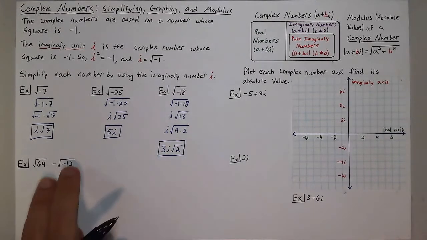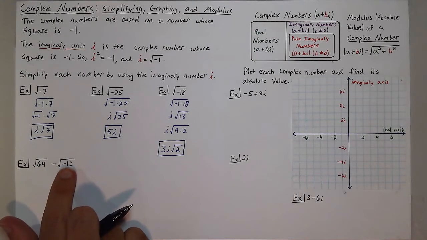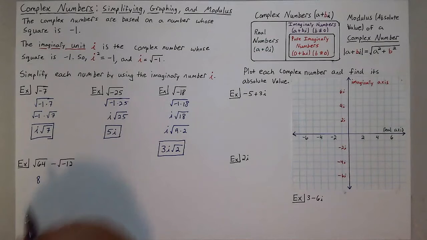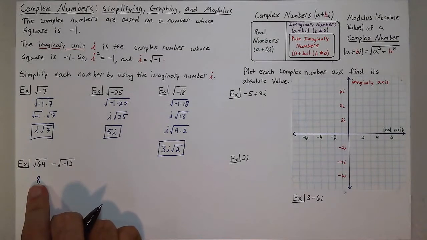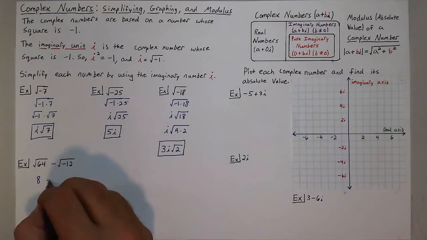Now, let's say we have two terms. We see here one has a positive number under the radical, and one does not. The number on the left, the square root of 64, we know as 8, is what we call a real number, but the square root of -12 is what we call an imaginary number, because that is a negative underneath the radical.